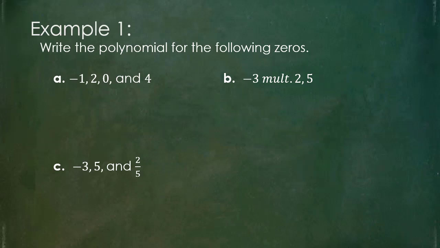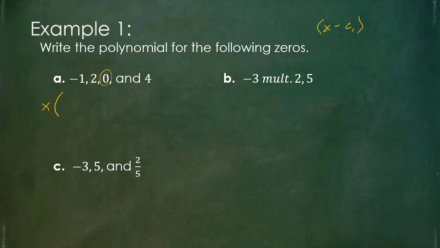So for each of these, remember, if I have these listed out as zeros, what that theorem said is I could just do x minus each of those zeros and set up a parenthesis for each. Part A has 4 different numbers, so I'm expecting to write 4 different parentheses. I'm going to focus on the x equals 0 first, because x minus 0 would just be a plain x in front.